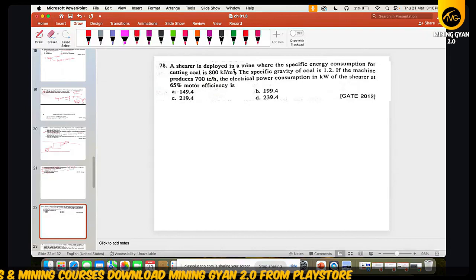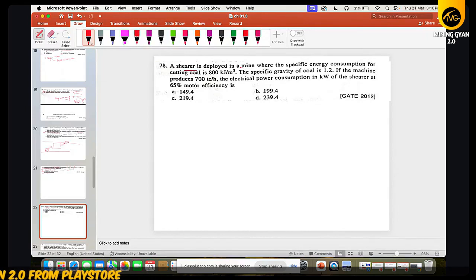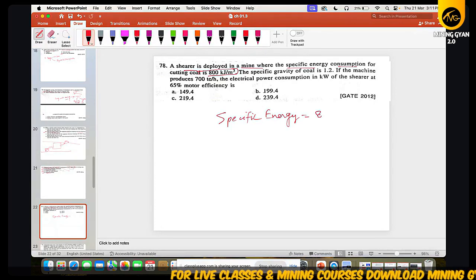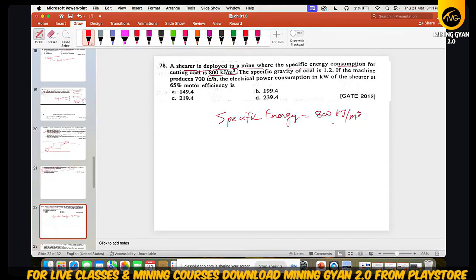Okay, now come to the numerical. He has given us a shearer, and in the mining, the specific energy consumption for cutting. So specific energy he has provided: 800 kilojoule per meter cube.